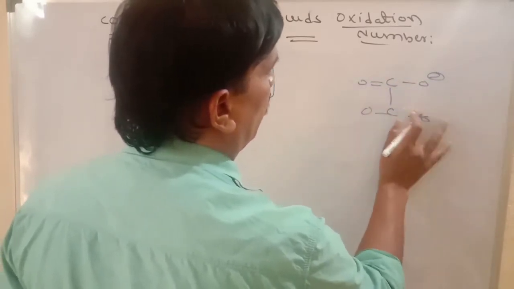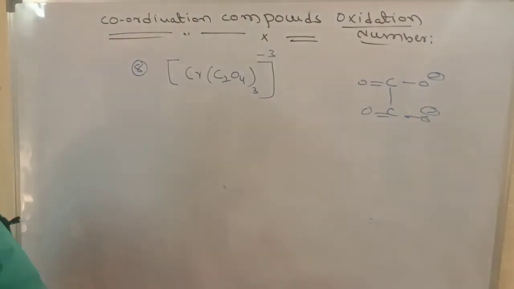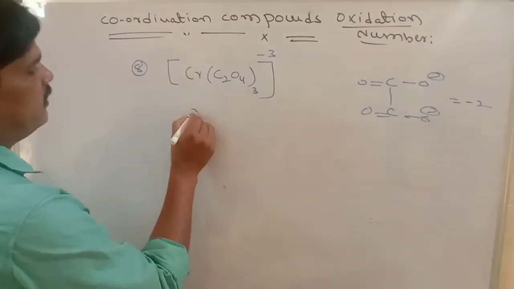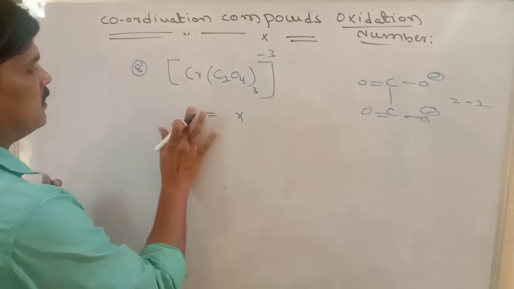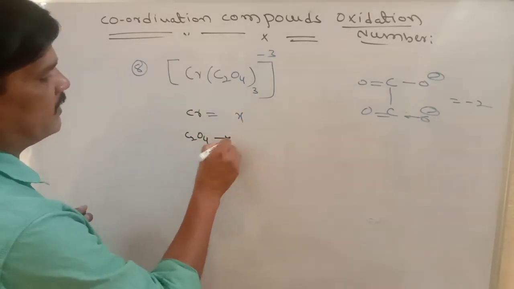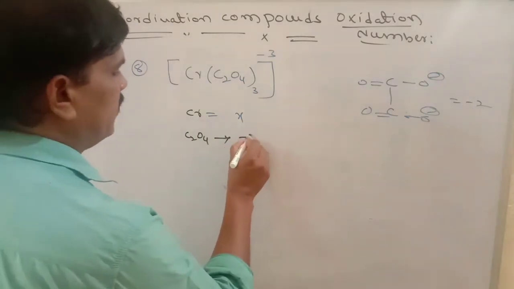It is a bidentate negative ligand. Bidentate negative ligand means its charge is -2. Consider the chromium oxidation state as X. C2O4 2-, oxalato ion. Each oxalato ion charge is -2.